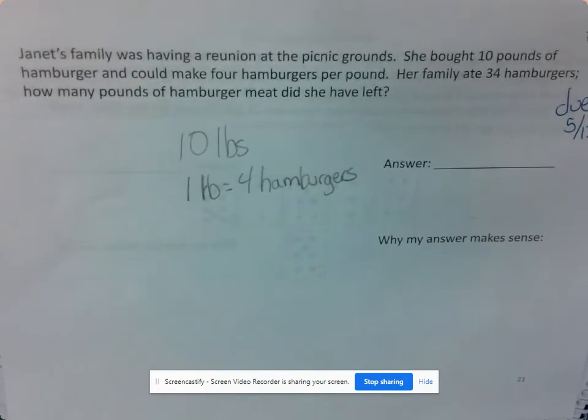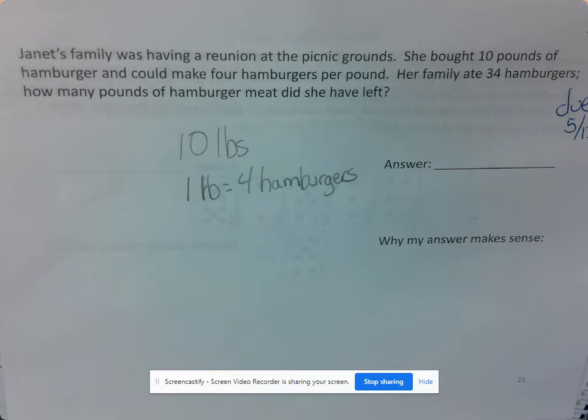We need to figure out how many pounds 34 hamburgers uses, and then see what's left over. So if you know 1 pound is 4 hamburgers, how many hamburgers would 10 pounds make?